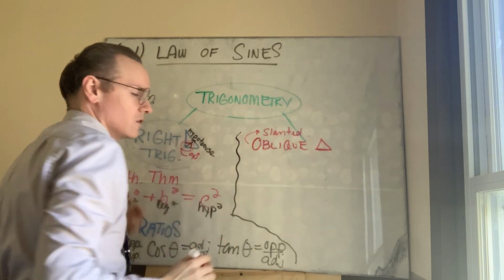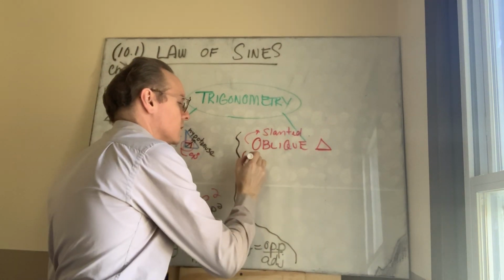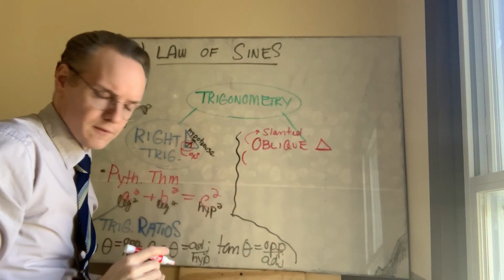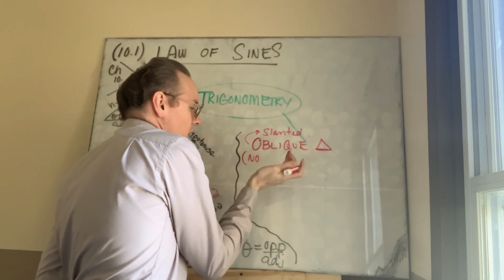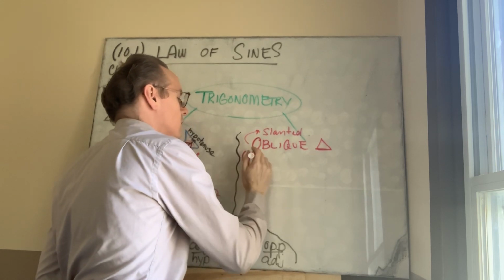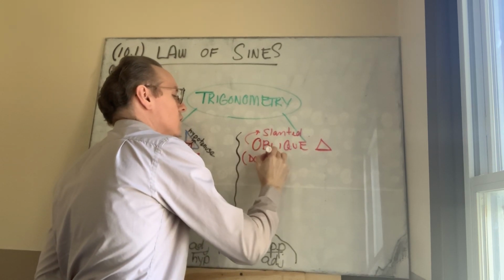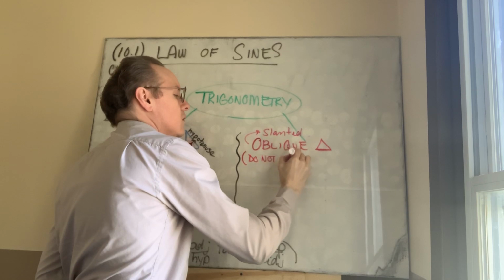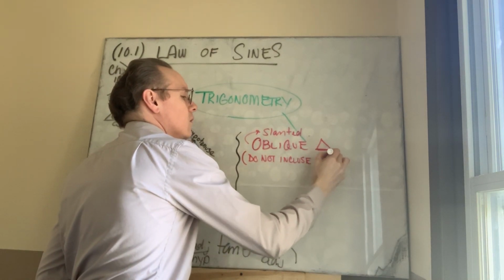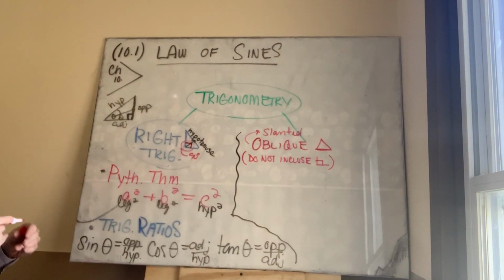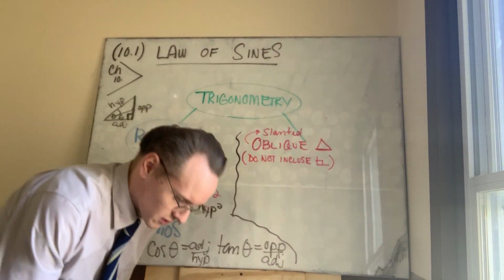That's what the word means. But maybe in keeping with the definition of right, these are things that do not include a right angle at all. Okay. And there's a couple of different examples, of course.